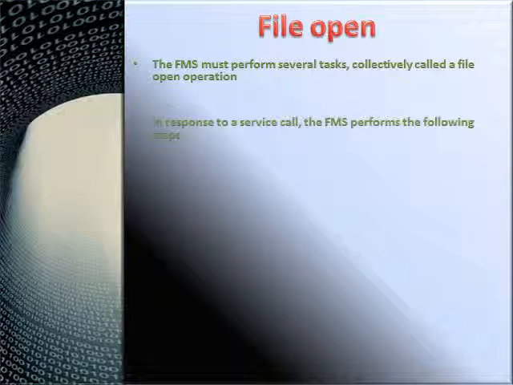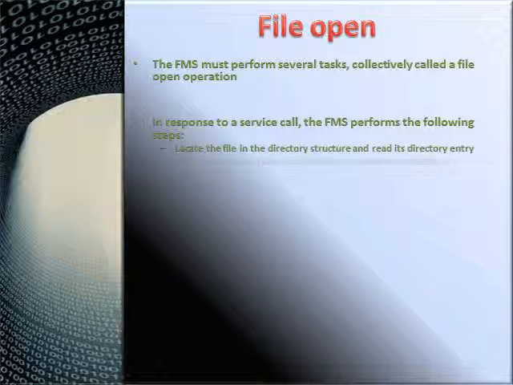File open operation. The FMS must perform several tasks collectively called a file open operation. In response to the service call, the FMS performs the following steps. Locate the file in the directory structure and read its directory entry. Search an internal table of open files to see whether the file is already open.